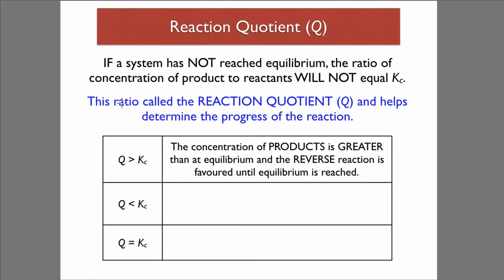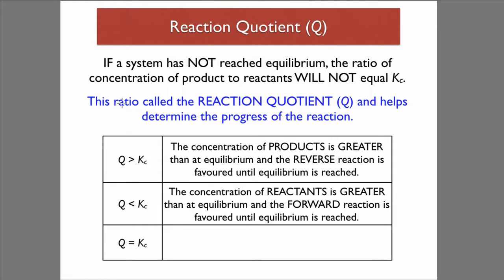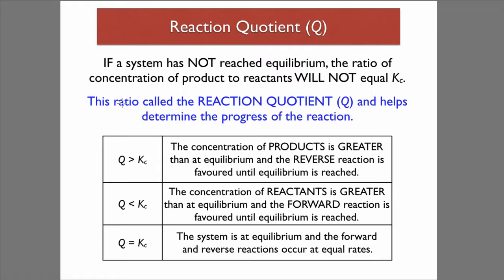If the reaction quotient is smaller than the equilibrium constant, then the concentration of reactants is greater than at equilibrium, and the forward reaction is favoured until equilibrium is reached. When Q equals the equilibrium constant, then the system is at equilibrium, and the forward and reverse reactions occur at equal rates.